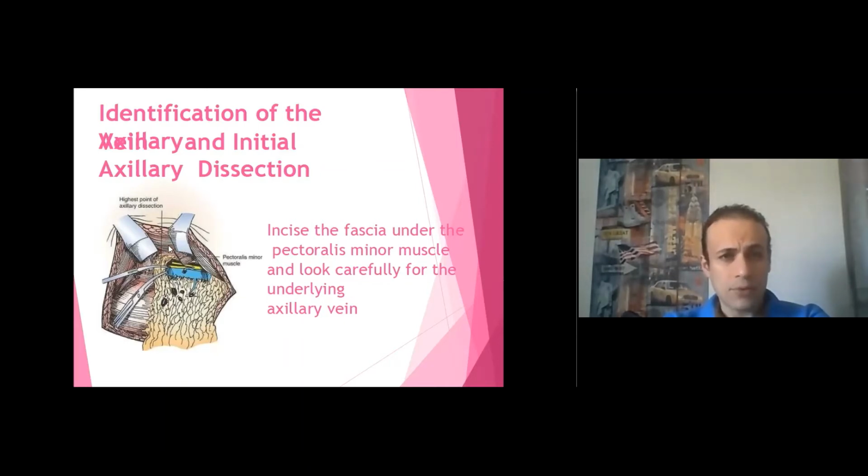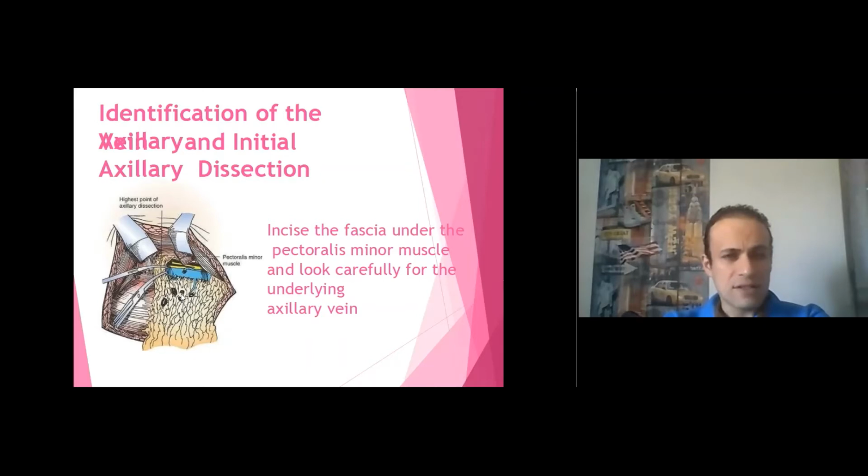We move it up, and we find underneath the axillary vein, and this is the fascia that should be completely removed, and this is the level that we should not exceed. Otherwise, we will go through a higher level of axillary dissection that is not used now.